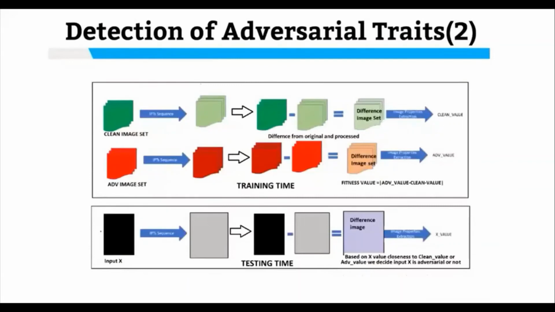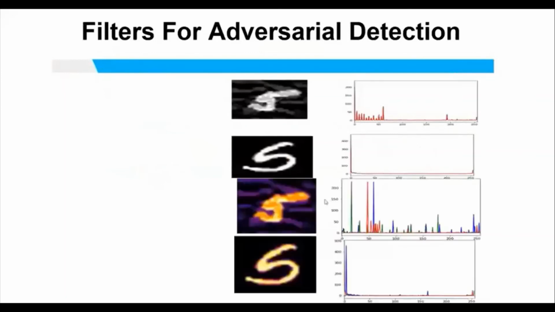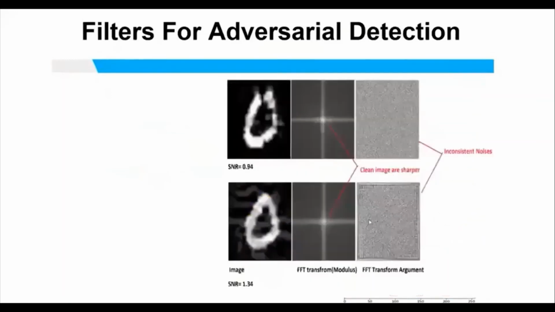If not, it is classified as a clean image. So here is one of the samples. It is converted to a histogram. The adversarial image is converted in this way, and the clean image has less noise. If we do a color map, it is more evident, and we can take the signal to noise ratio by Fourier transform, and we can see that there is a difference between the adversarial image and the clean image.